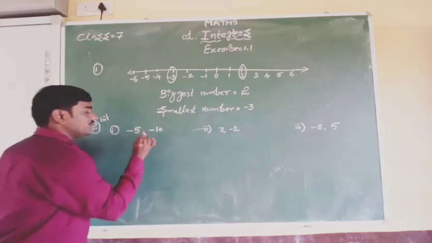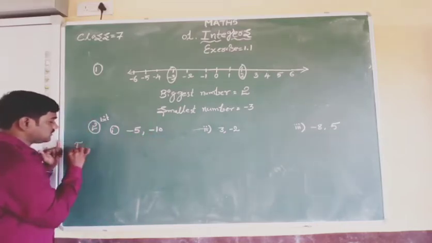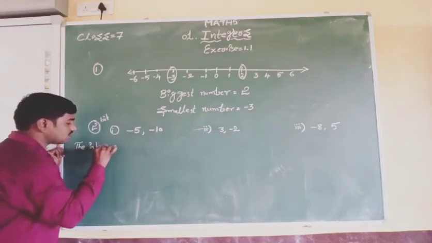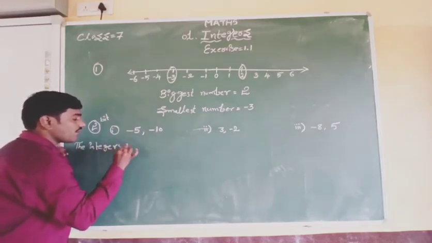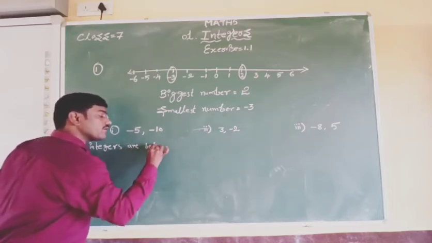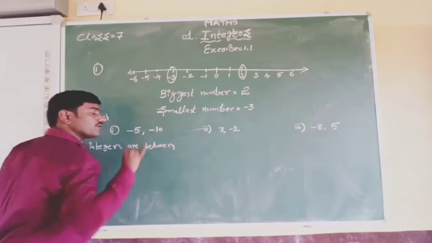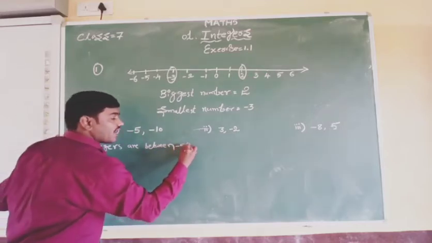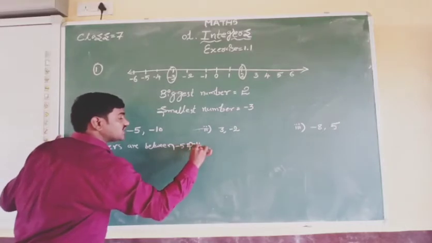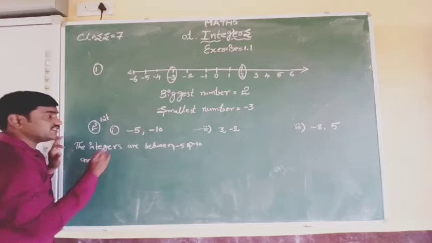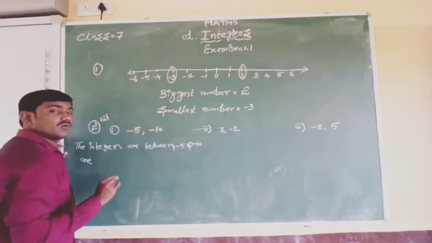Between minus 5 and minus 10, what are the integers?